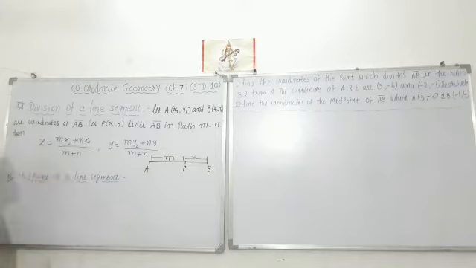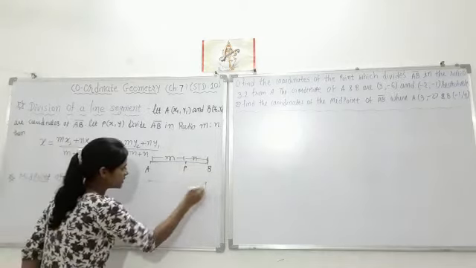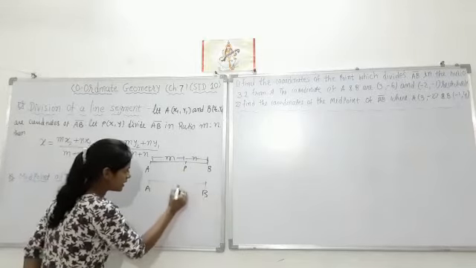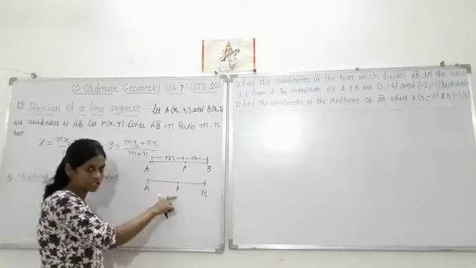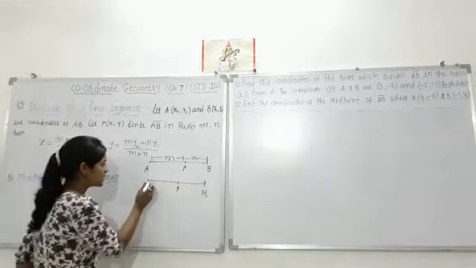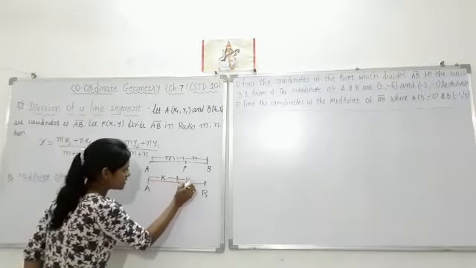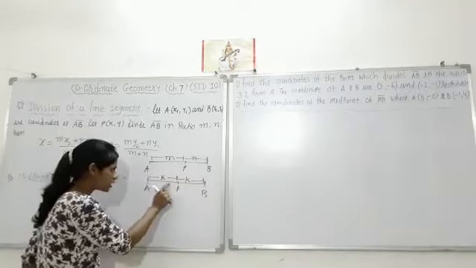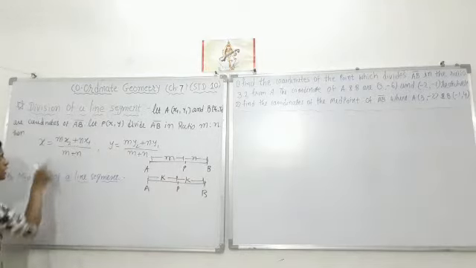Now the midpoint of a line segment. When this P lies exactly in between, that means this is your AB line segment and P lies exactly in between, then this P is called the midpoint of line segment AB. That means its dividing ratios are equal. Suppose this is part K and this is part K. If you put this K value here instead of m and n, what do you get?